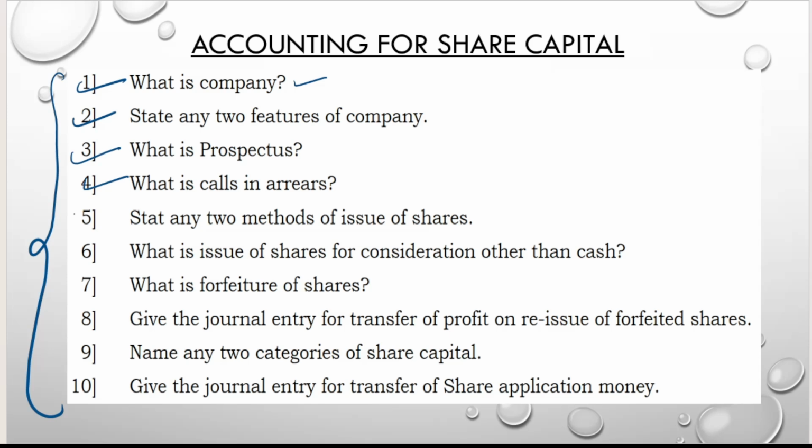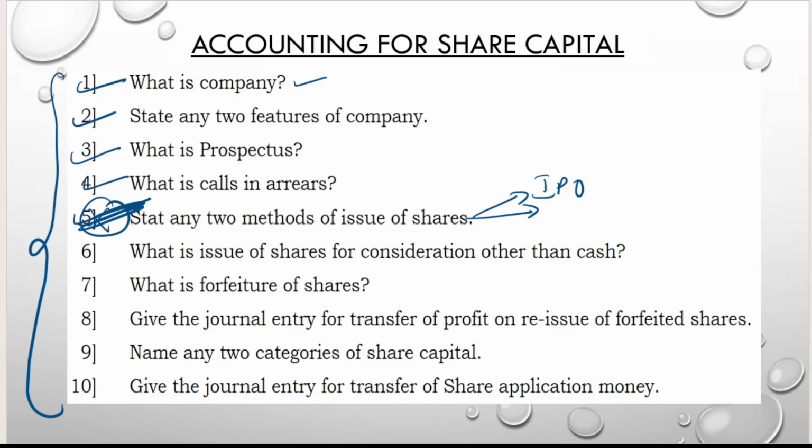State any 2 methods of issue of shares. This one very important. Keep it in your mind. So many of you people are going to make a mistake in this. Methods of issue of shares. What are the different methods? It is IPO, initial public offer. Don't write only IPO.